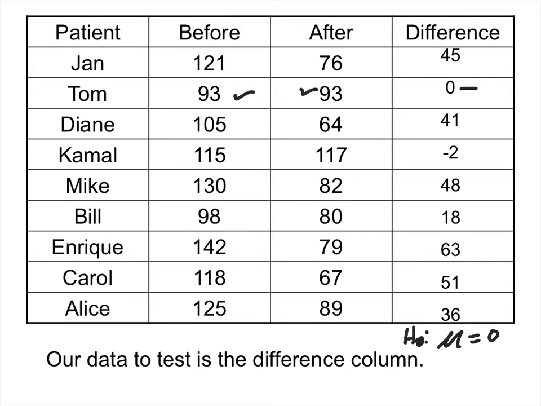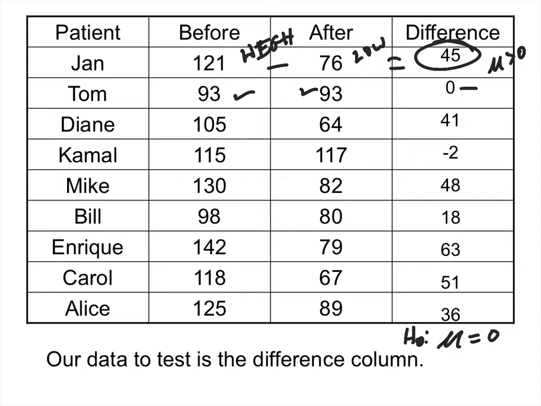If the anxiety was high, and then it went to low, if I had a big number minus a small number, I ended up with a positive answer. A positive answer means mu is greater than 0.